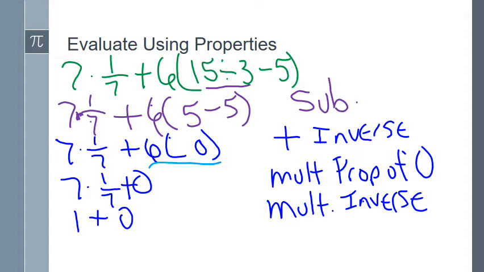Here, although we don't write it, this 7 we could express as 7 over 1, and the reciprocal of that is 1 over 7. So 7 times 1 over 7 is the multiplicative inverse, meaning that any number multiplied by its reciprocal is 1.